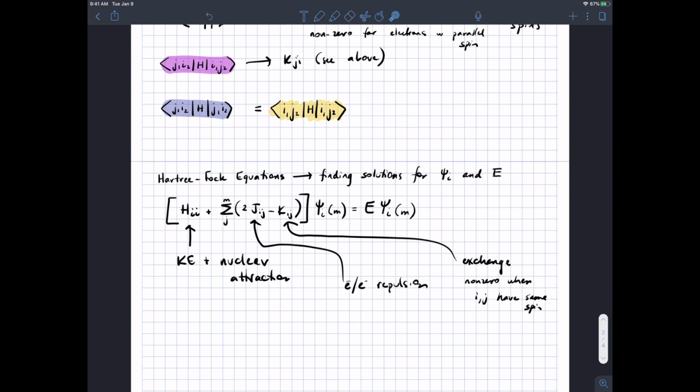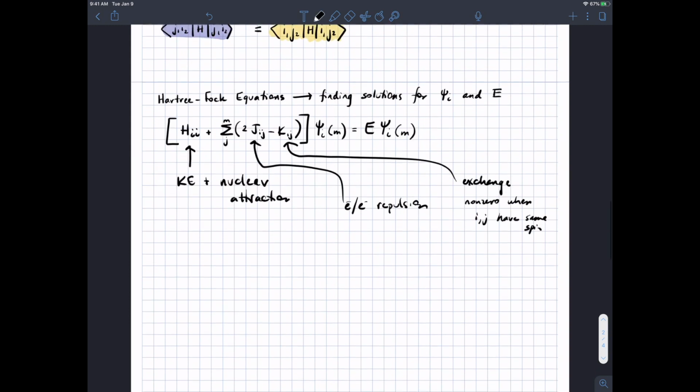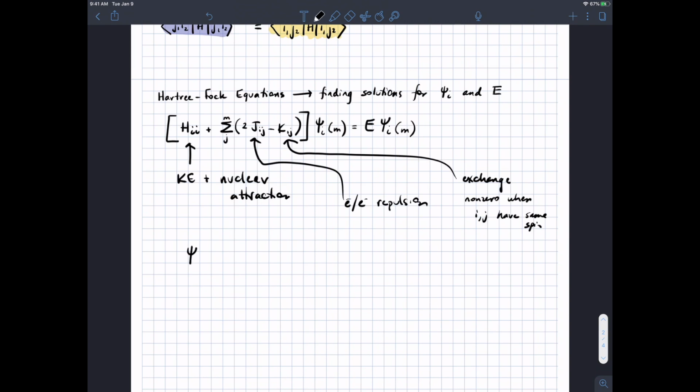So this whole time we've been working with wave functions as more of a variable than an actual wave function we know. That's right. Now we're going to say, okay, wave function for electron i. If I have 5 different atoms in my molecule, I'm going to do a linear combination of atomic orbitals.